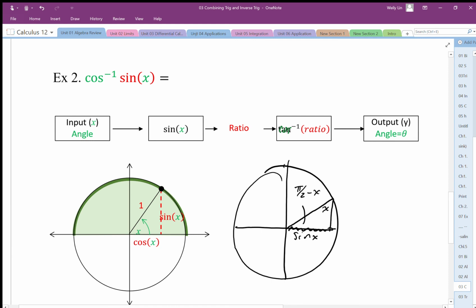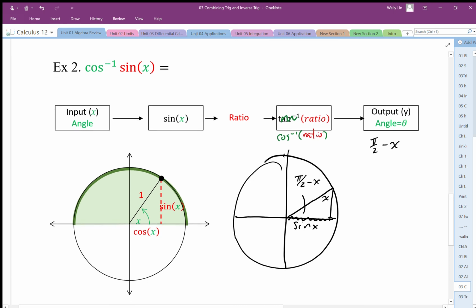So the output for this function is going to be pi over 2 minus x. Okay, so let me just clean this up a little bit so that we can see this a little better. I'm going to just change that to arccos. It's going to be arccos ratio. It's going to give me my angle. And there's my angle. My angle is going to be pi over 2 minus x.